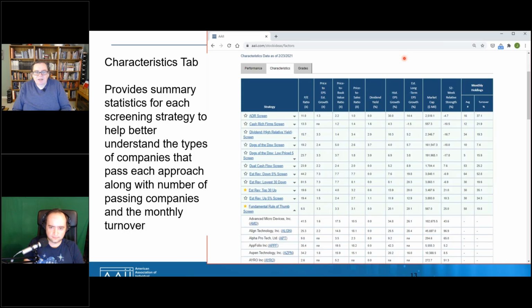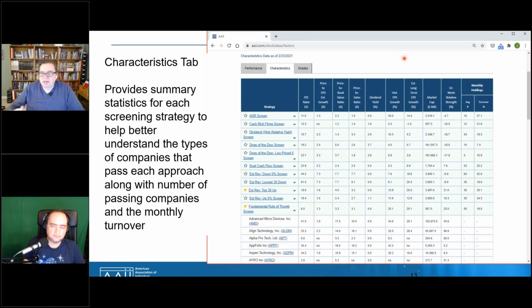And so what we try to do when we talk about these screens and we develop those kinds of factors, we try to give the education as to how you're going to go ahead and design that. When we have a factor screen that looks at price to sales, well, price to sales tends to be very industry specific. So if you just screen for low price to sales, chances are you'll be screening for companies that are in a certain industry.